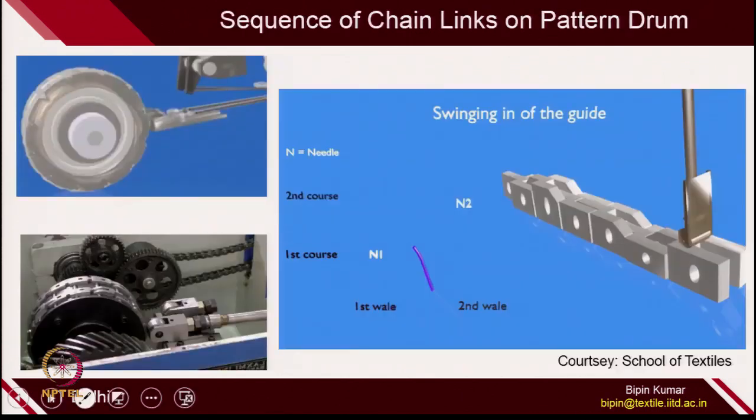Okay. So, this is one of the simplest videos where you can see the sequence of chain links decides what type of fabric you are going to produce.